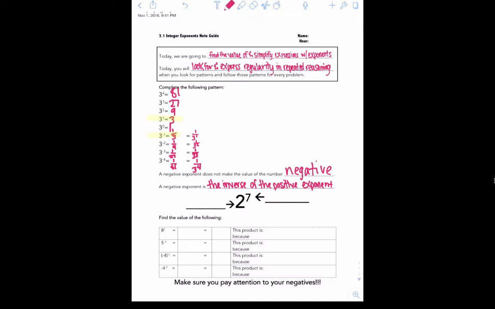So if we look at a number like 2 to the 7th, let's make sure we have the correct terminology when we're talking about this. The 2, which is the big number, is the base. So if I ever say the base, you should know that I'm referring to that number. And then 7 is the exponent. So whenever I say exponent, know that that is what I'm referring to.